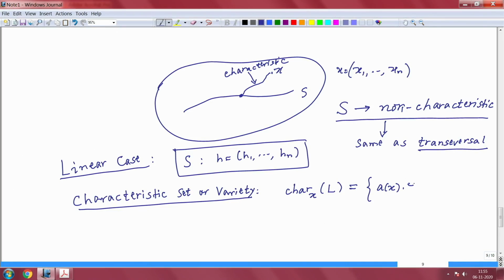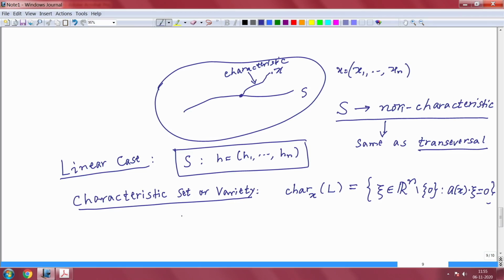Okay, let me write the set of all j in R^n, and you omit 0, because 0 is always in the set, such that A dot j is equal to 0.